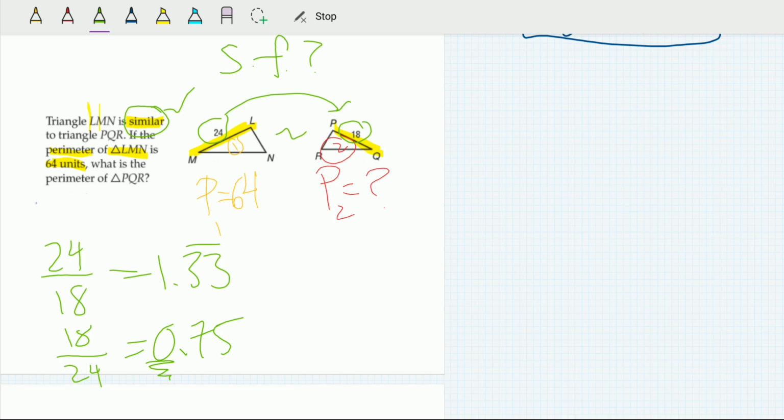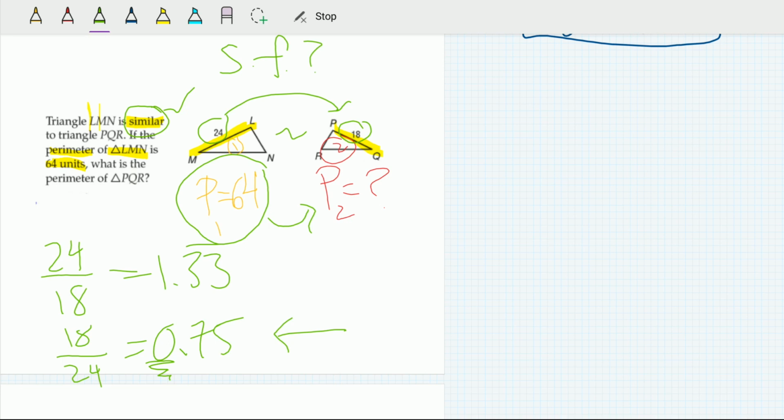This is really important because one of these is going to help us a lot quicker than the other one. Since we have the perimeter of the larger triangle, we're trying to go from the larger triangle to the smaller triangle. So you need to use the 0.75 because that's going to make something smaller.